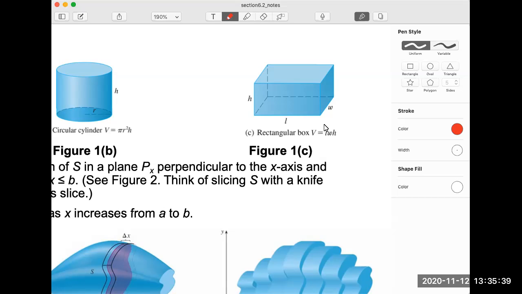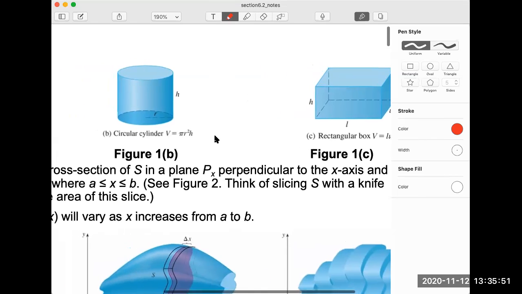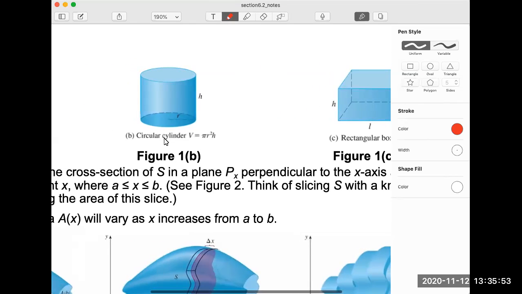We're not talking about the volume yet. But now, in order to compute the volume, we need to multiply by the height of that, right? That gives us the volume of this one. The same idea, if we are given a circular cylinder where the base is a circle.